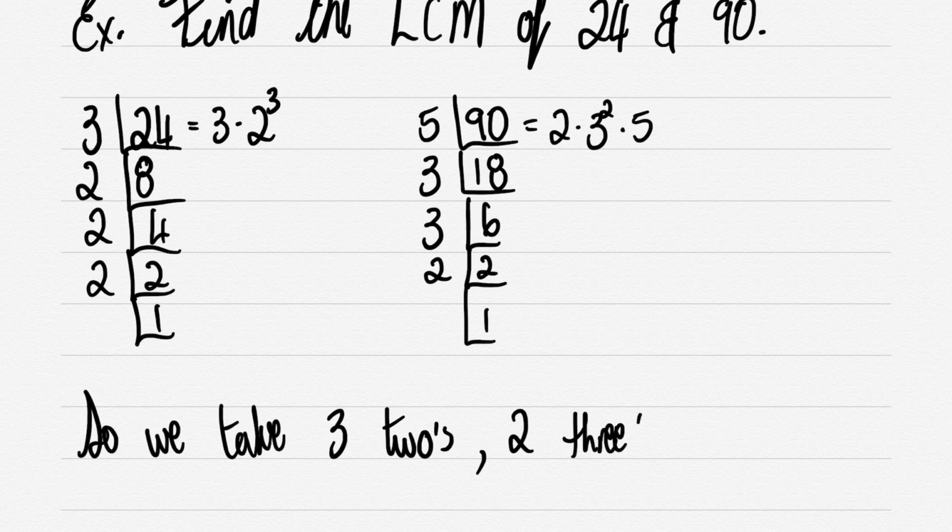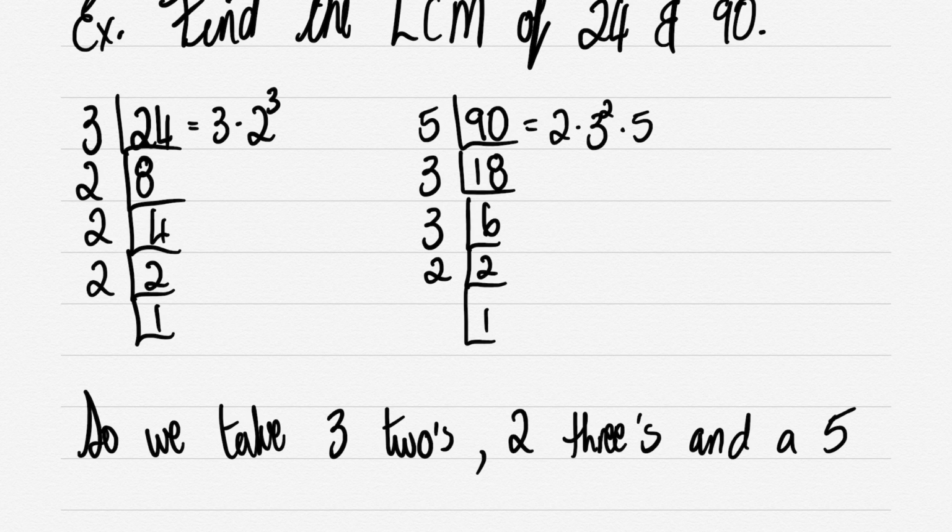So that's the highest order factors. So 2 to the 3 on the left, and a 3 squared on the right. So you'll take 3 2's, and you'll take 2 3's, and a 5. Okay?